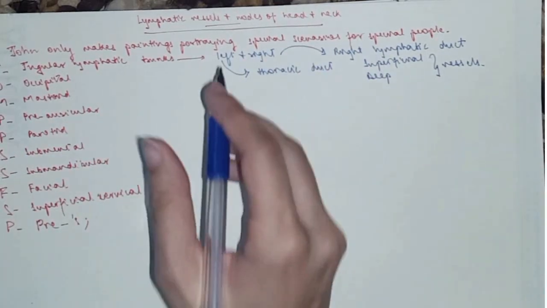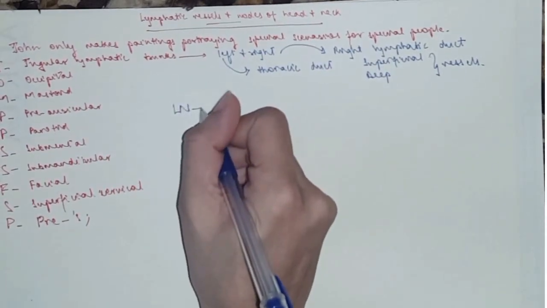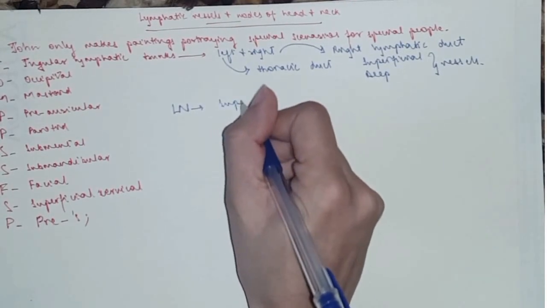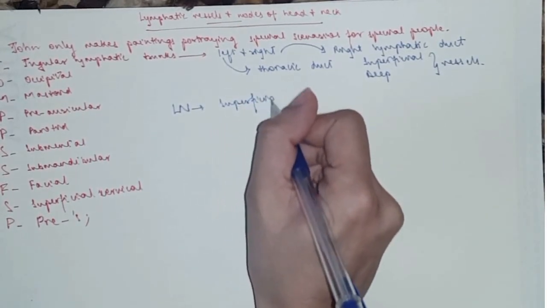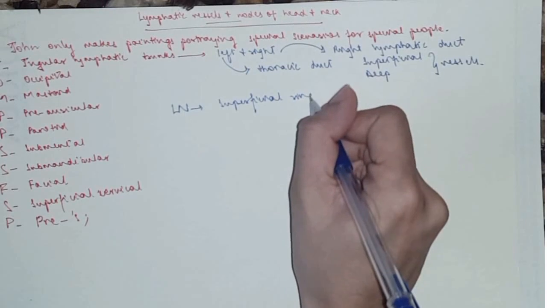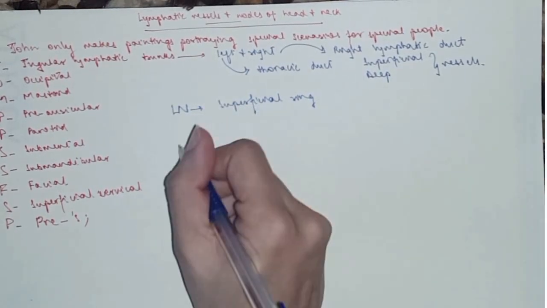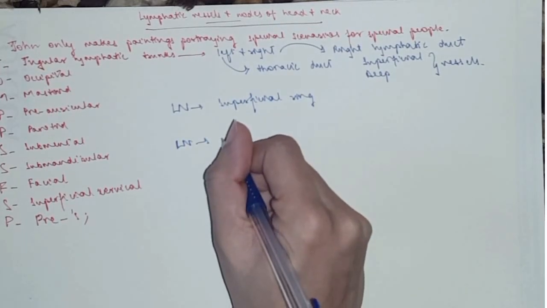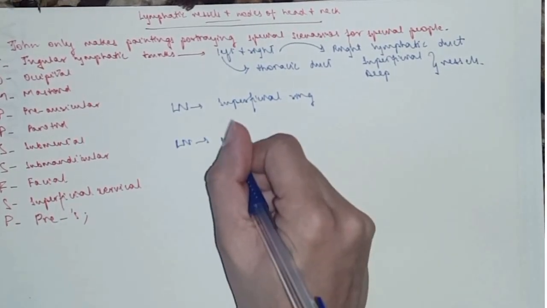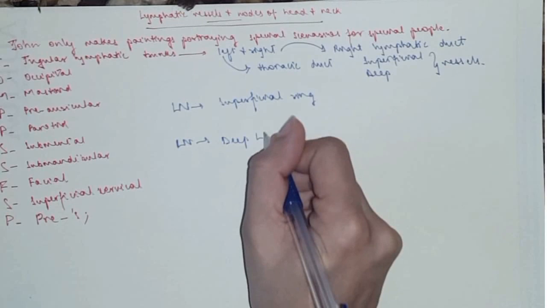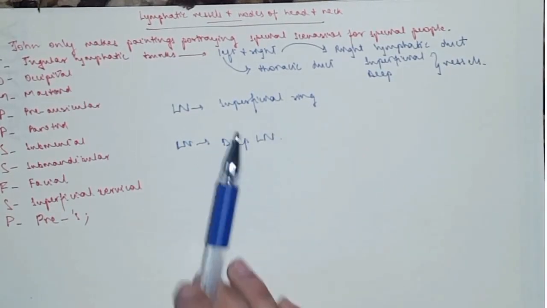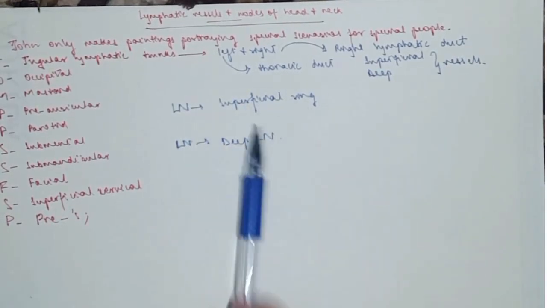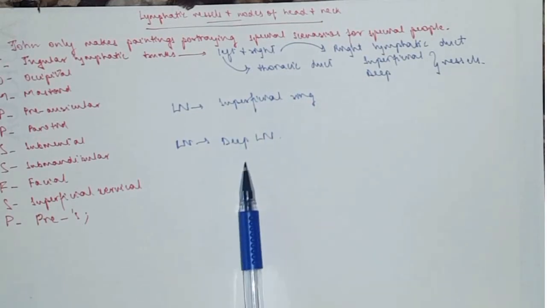The superficial ones are in the superficial ring, and for the deep ones, there's a vertical group of deep lymph nodes. The superficial ones ultimately drain into the deep ones.